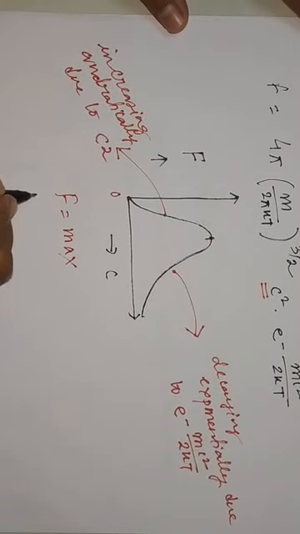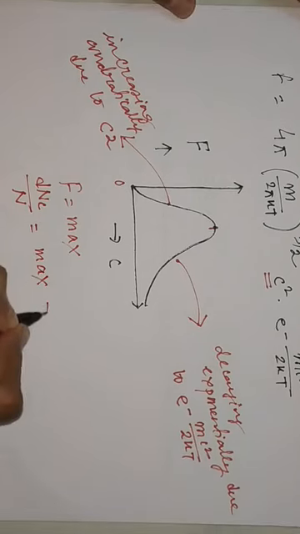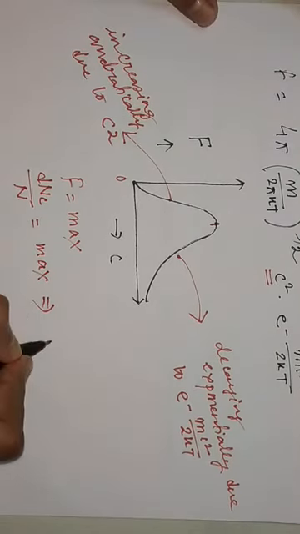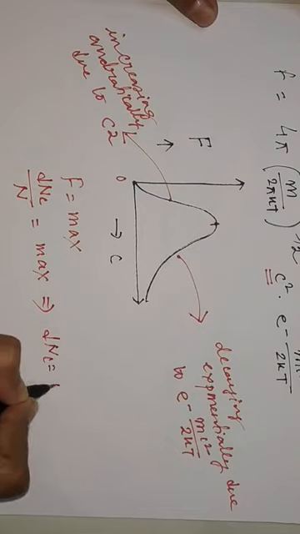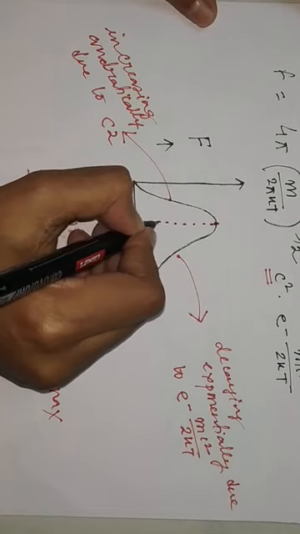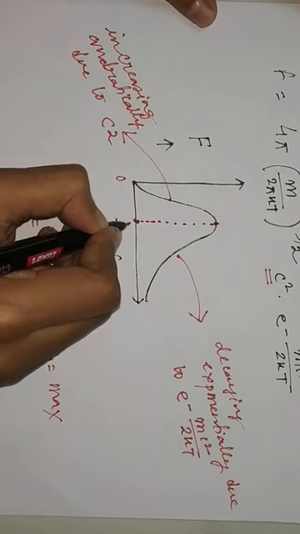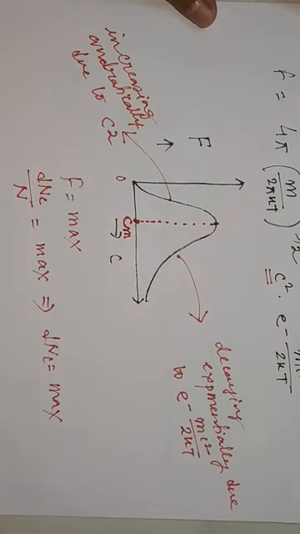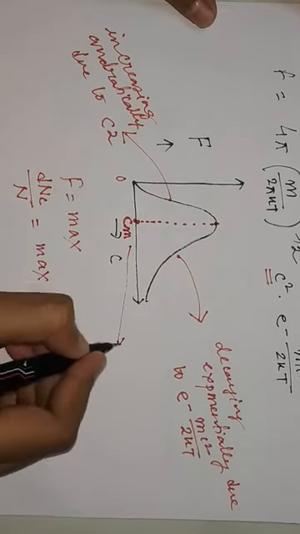So between all these values of c, over here f is maximum. And if you remember, f was dn_c by n, so it will also be maximum. It means that n for a particular system is constant, therefore dn_c has to be maximum for this particular value of velocity, which is written as c_m.